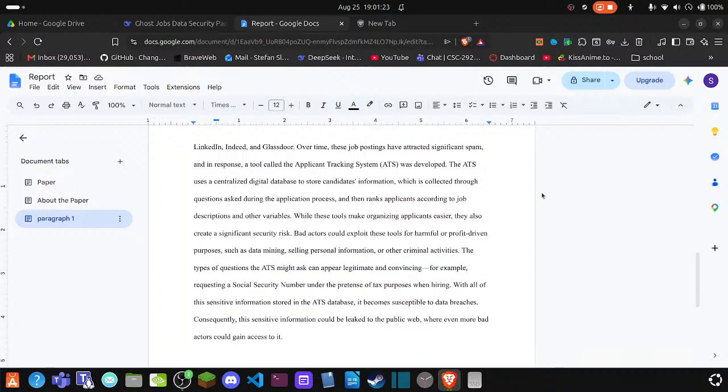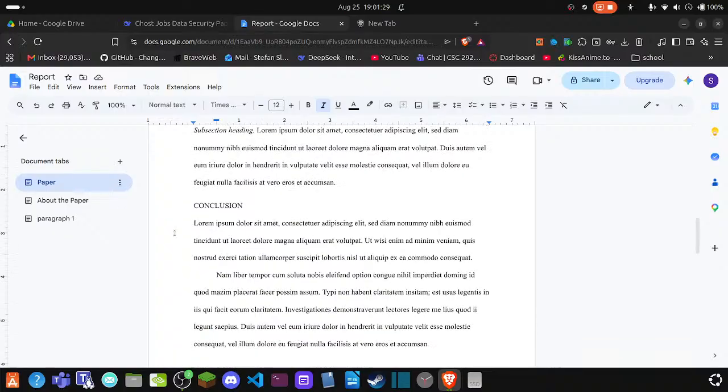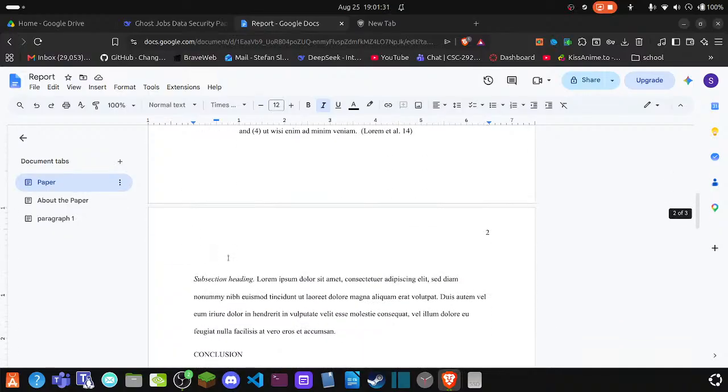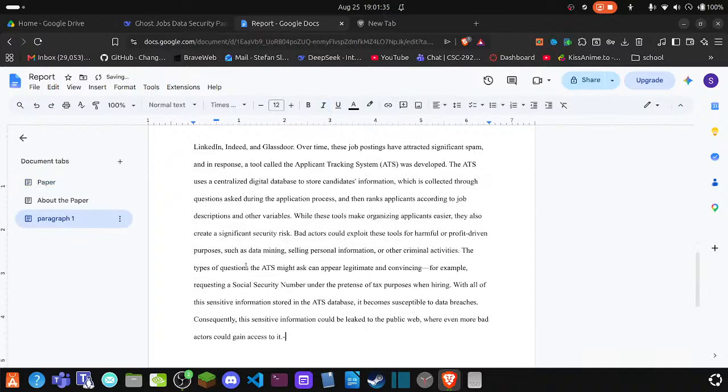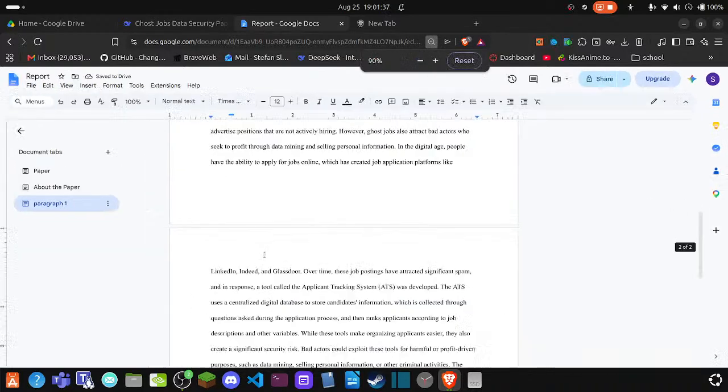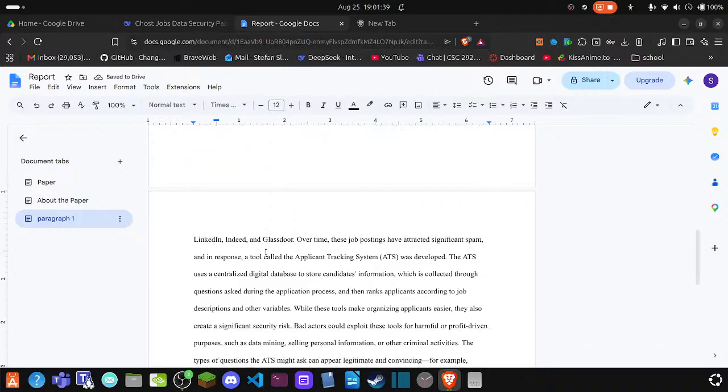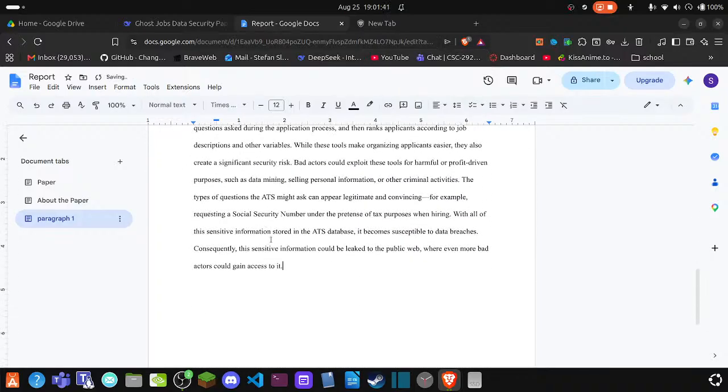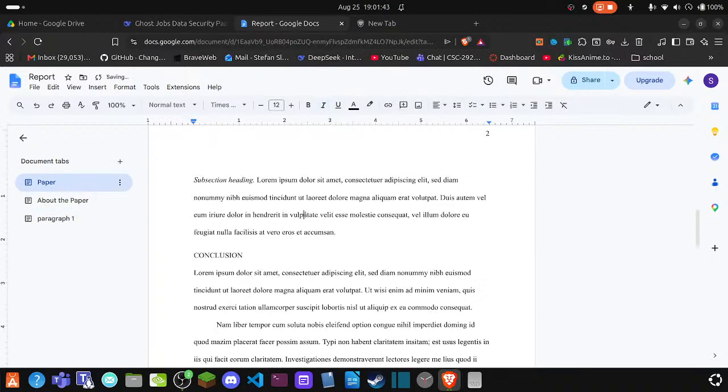Yep, that's good. Okay, so that's paragraph 1. What the? Shit. Why is it italicized?